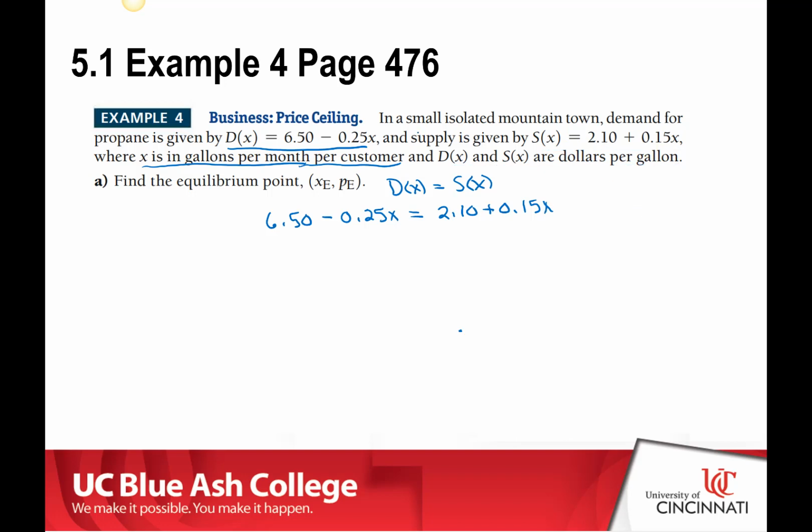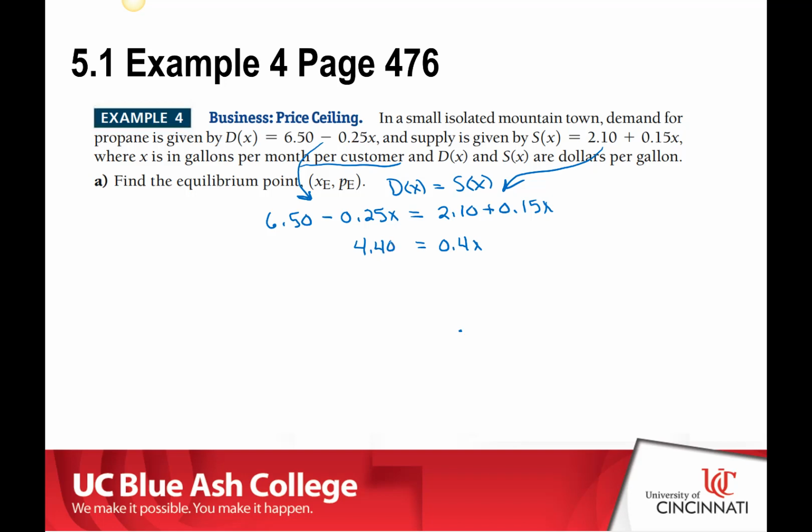These equations came from the demand side of the problem and the supply side of the problem. At this point, it's a matter of just solving this algebraically. Add 0.25x to each side and we'll get 0.4x equals, subtracting 2.10 from each side, 4.40.